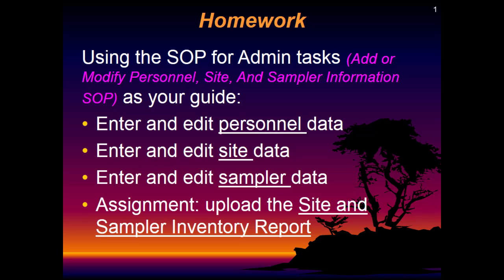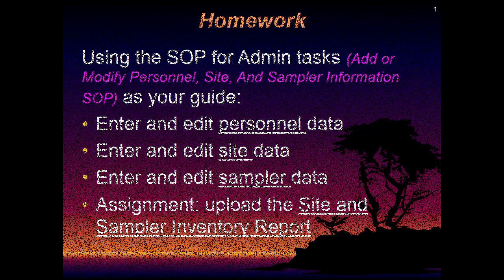That shows you how to enter your administrative data into the toolbox, and the homework is to go ahead and enter your personnel, your site, and your sampler data into the toolbox for your air monitoring program. And then you need to run the sampler inventory report like I just did, and either print it to file or take a screen capture of the report and email it to your instructors.